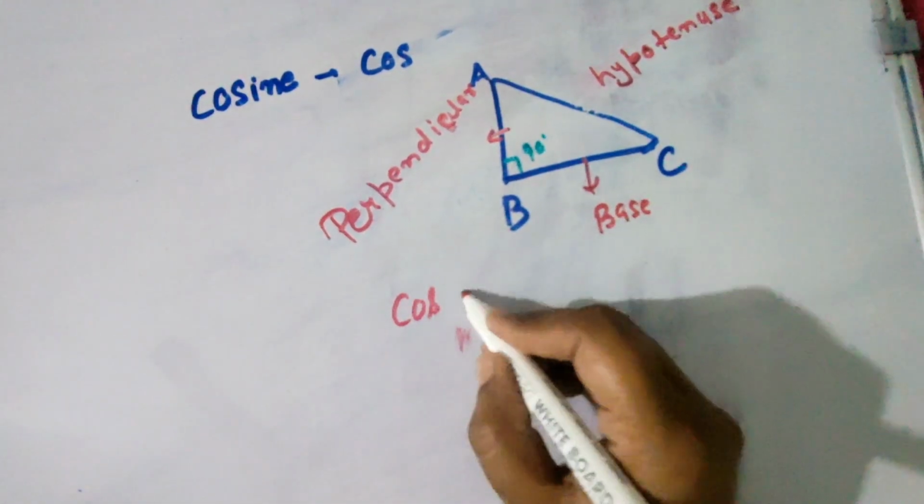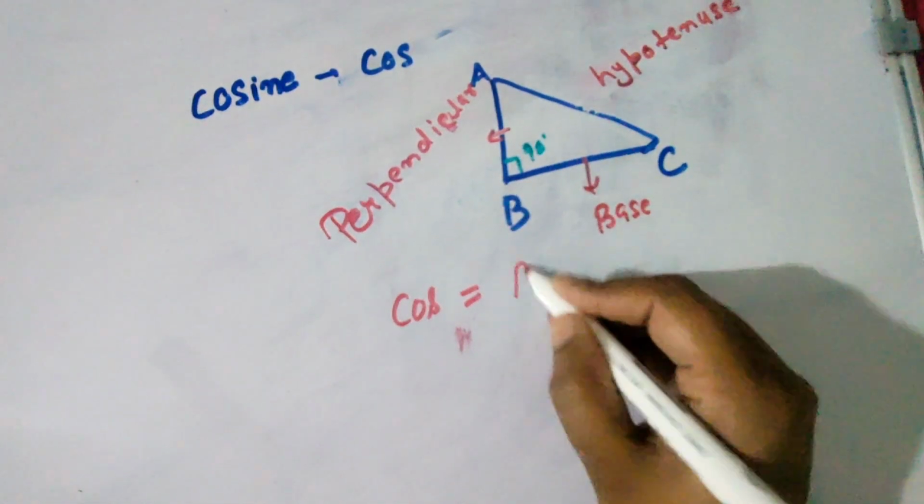Okay, this cosine ratio is what? Cos ratio is adjacent.